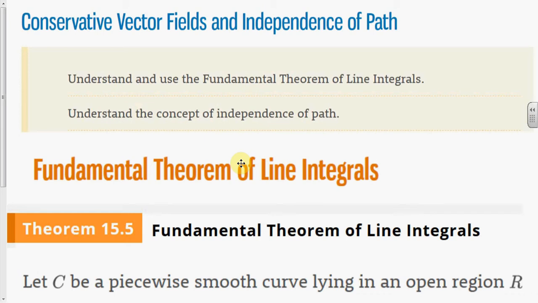So the line integral will always be the same from one fixed point to another. It doesn't matter which road you travel down. If they change the fixed points, then obviously you get a different value for the line integral, okay?